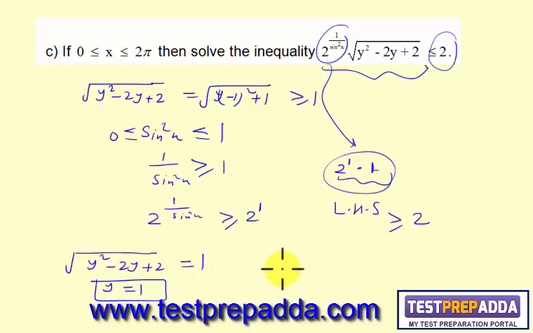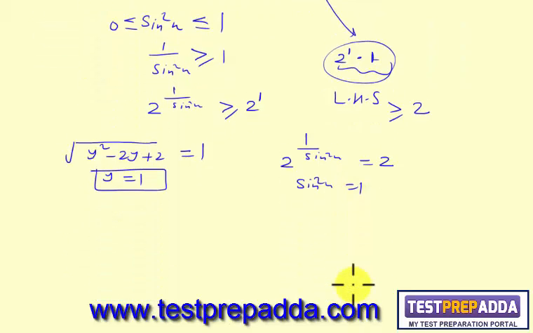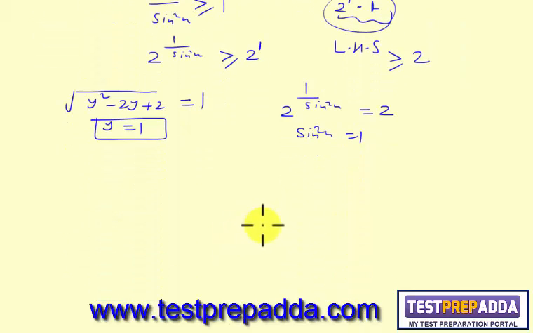Now if I write 2 to the power 1/sin²x as 2, then sin²x will come as 1. Got it? And if sin²x is equal to 1, then sin x will be ±1.